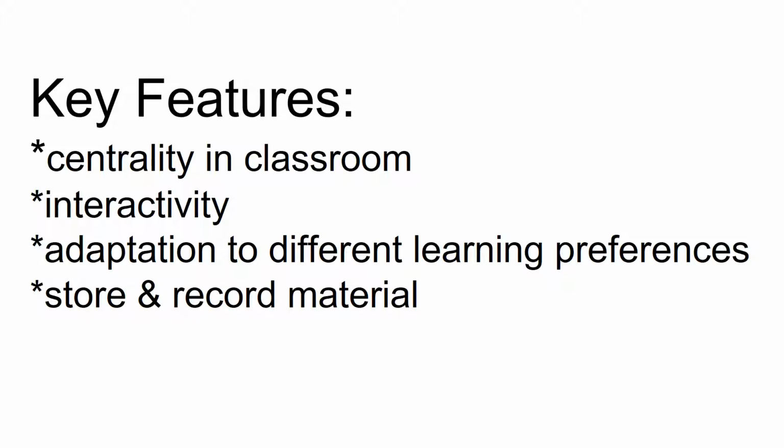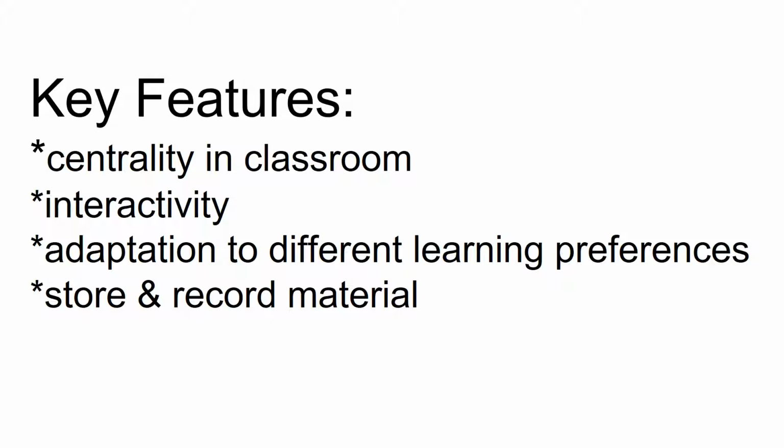The features of the interactive whiteboard is hopefully it is centrally located in the classroom where everyone can see. Like I've said, it's very interactive. The students can go up and work on it, choose problems, write on it, find an answer, multiple choice. I mean, there's so many different things. And with this said, the teacher can actually adapt the lessons to different learning preferences.